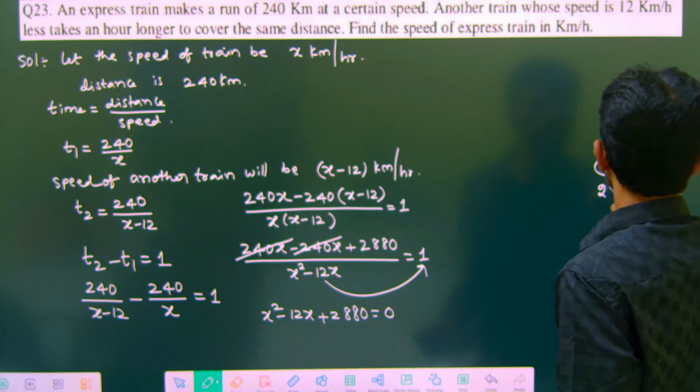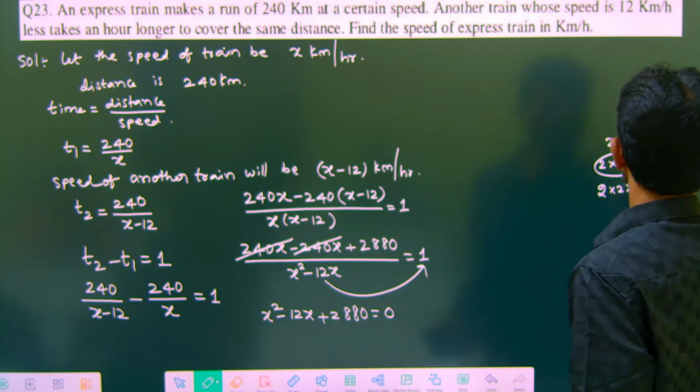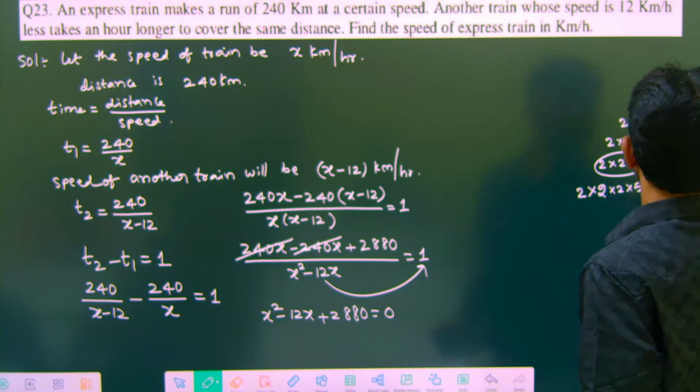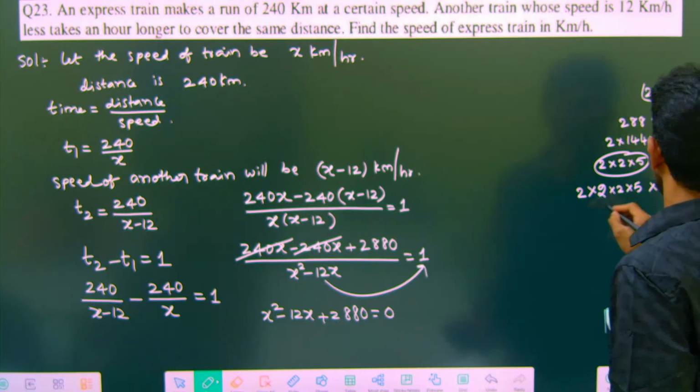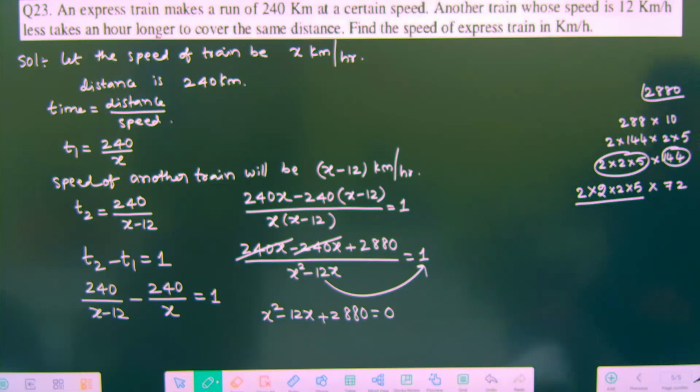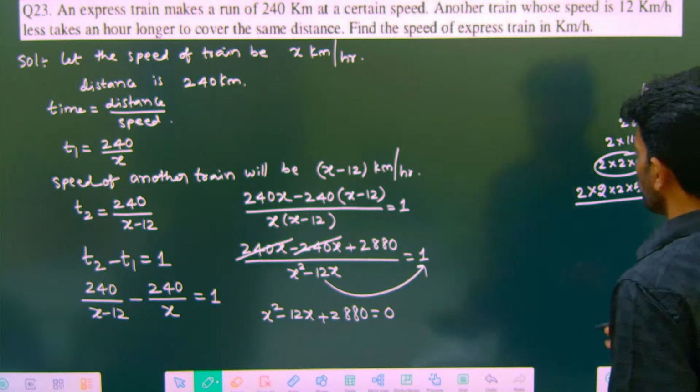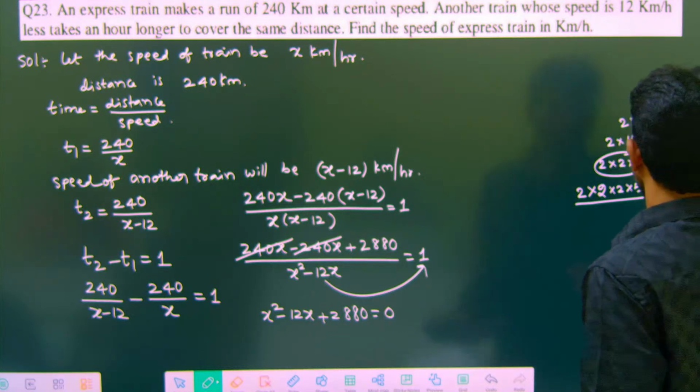So one more 2 into 2 into 5 we take, and this becomes 72 and 40. From 40 and 72 we also do not get 12.